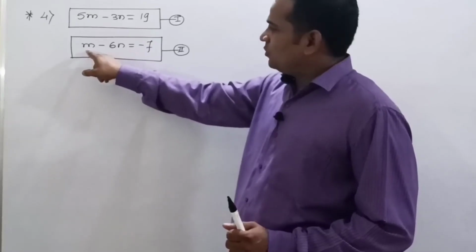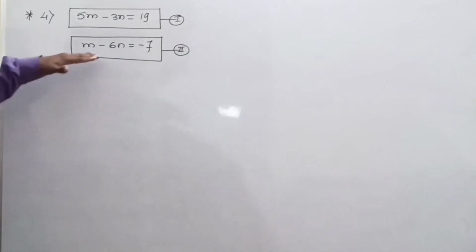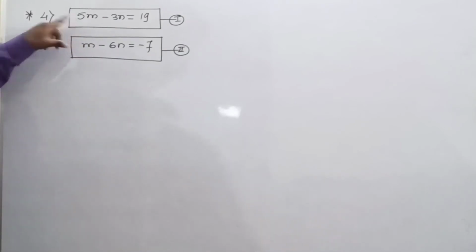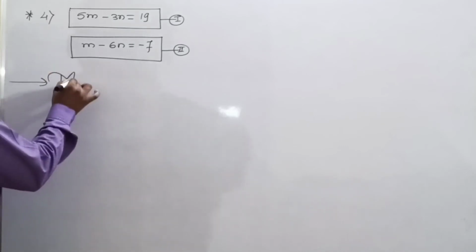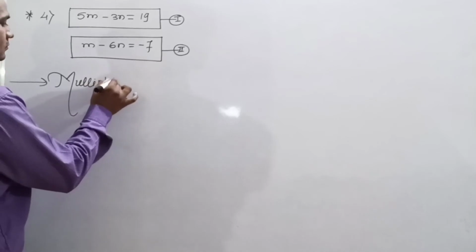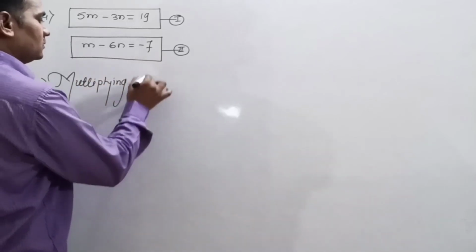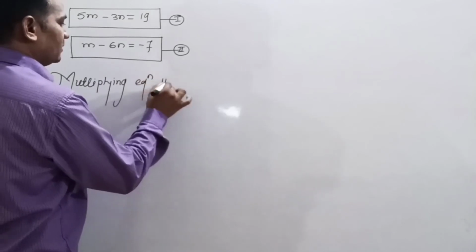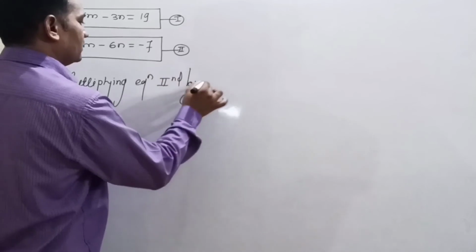So we have to choose such a type of the variables. Okay, so we will multiply equation number second by 5. So we will write like that way: multiplying equation second by 5.